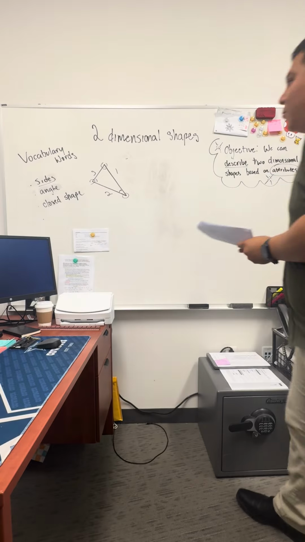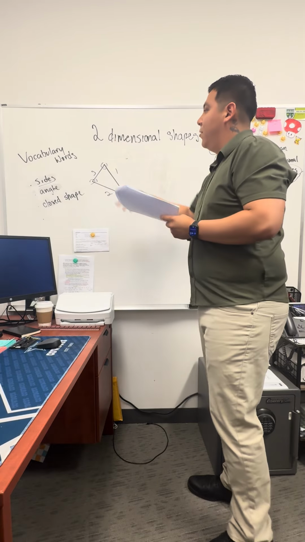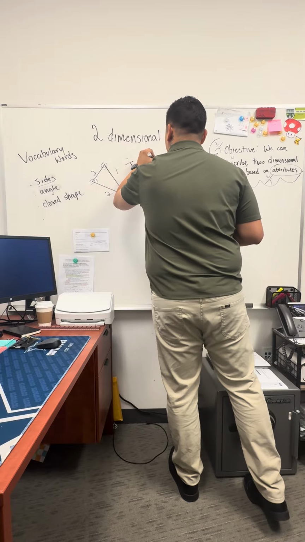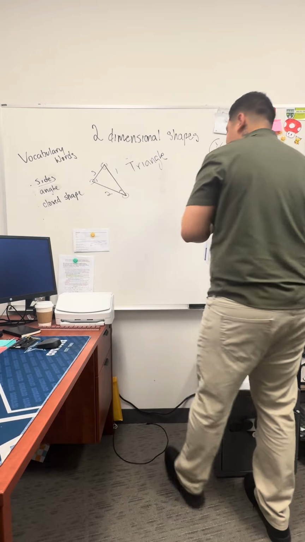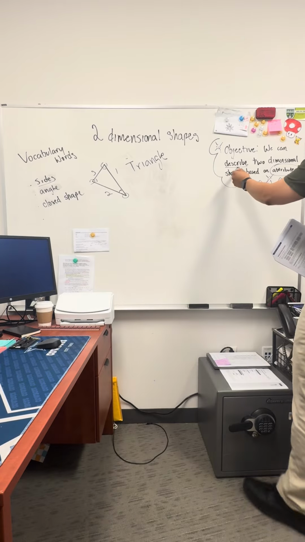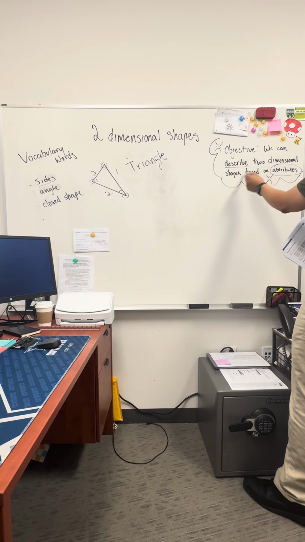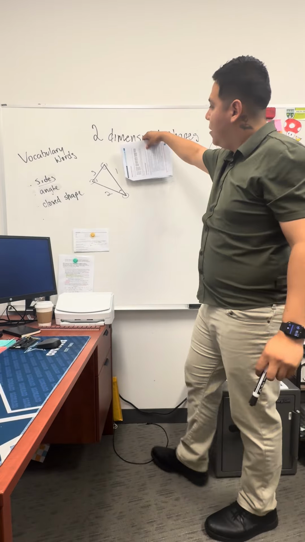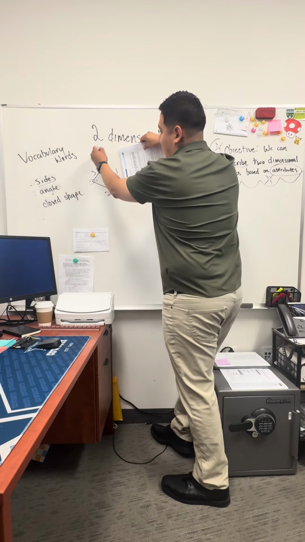All right, so once again, we have a triangle. Triangle. And if somebody asks you, could you describe this triangle based on its attributes? So if you didn't know what the name of the shape was, you'd be able to say that it has 1, 2, 3 sides.